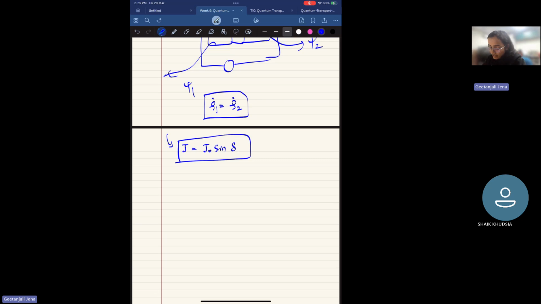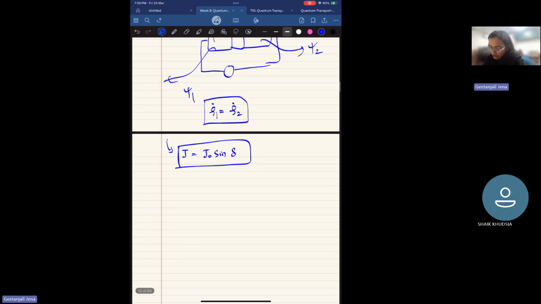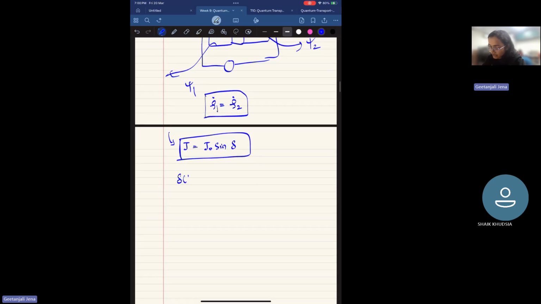Delta here is the phase difference. If you recall, the general relation is delta(t) equals delta 0 plus Q by h-bar integral of V(t) dt.